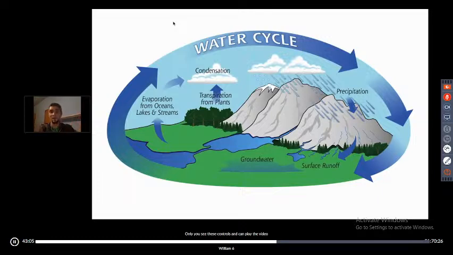Thanks to our sun, we have the water cycle, and what I would like you to be aware of here is that we are going to focus on three main components in this lesson: the precipitation you get, how the surface runoff behaves, and I'm going to talk about the groundwater as well.